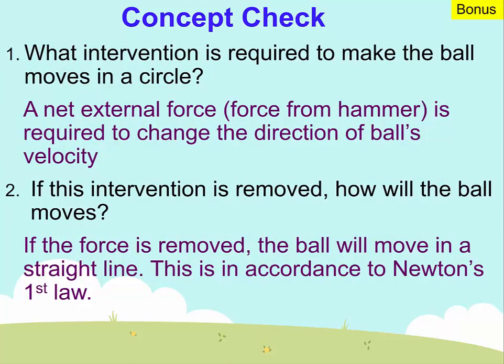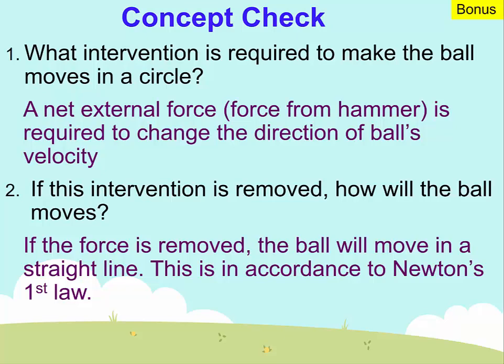Now, what intervention is required to make the ball move in a circle? There is a net external force, a force from the hammer. As it hits the ball, it changes the direction of the ball's velocity, which makes it move in a circular manner. At the end of the video, you see that the force is removed and the ball moves in a straight line.